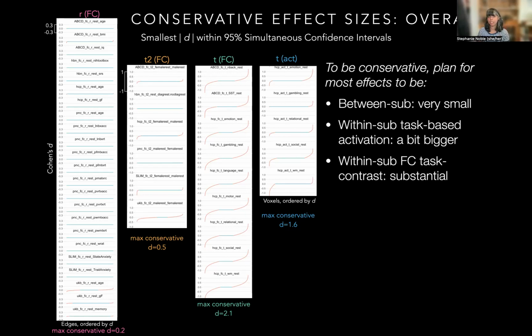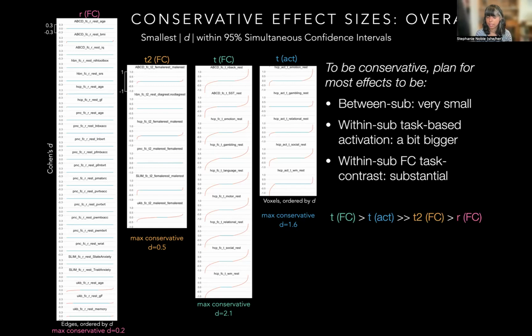Again, this is the takeaway from this particular way of looking at these effect maps, really just looking at these conservative arms of the confidence intervals. There are other ways you might want to think about planning for study design, looking at the full confidence interval, for example, looking at how big the effects could get. But just as a start, I think this is one potential way to think about planning conservatively for your study.